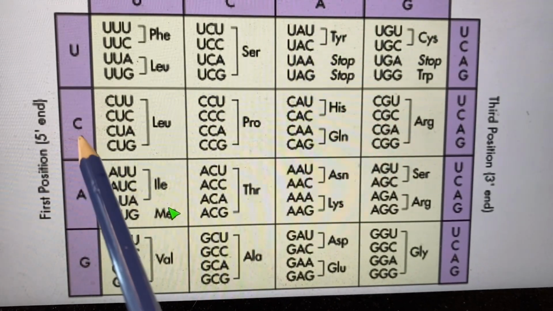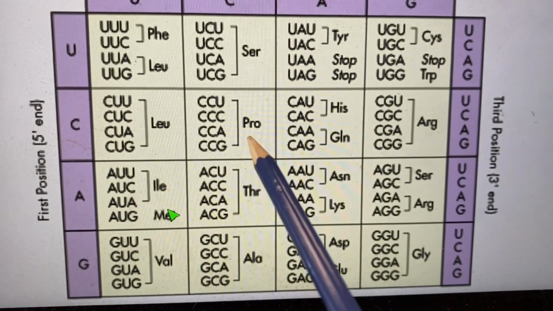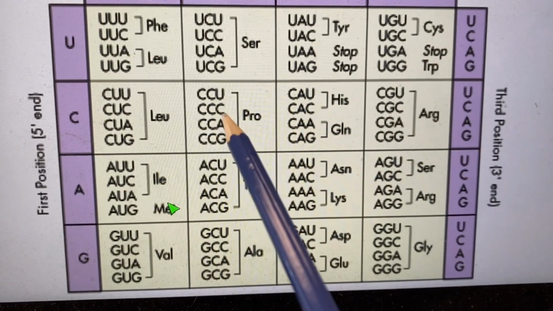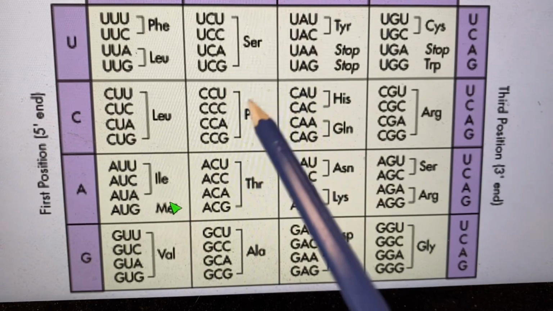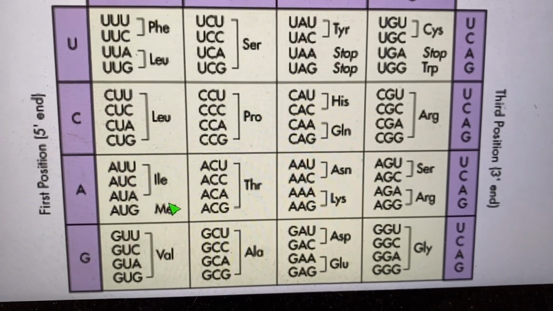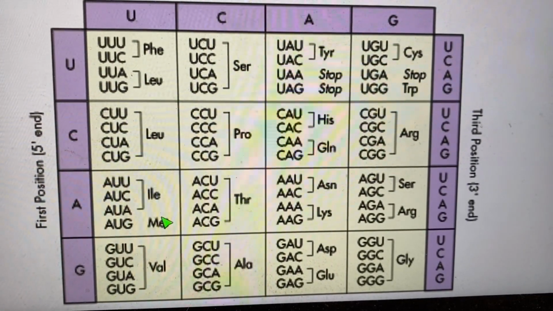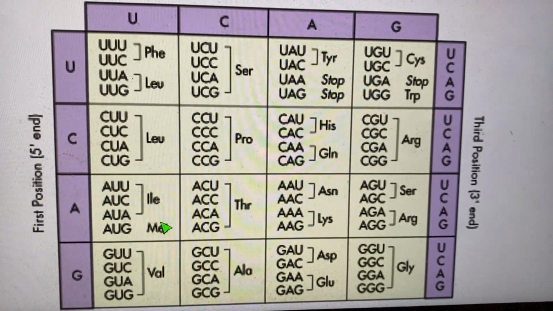It's C. What's the second letter in the codon? It's C. What's the third letter in the codon? It's C. CCC codes for proline, which is an amino acid. So we've talked a little bit about this. Here, let's try some. Good. It's not that hard, right?